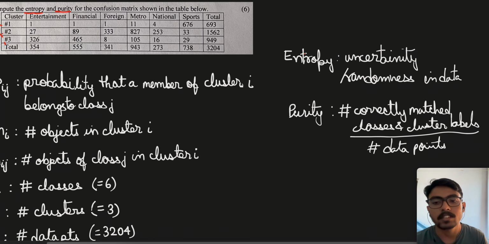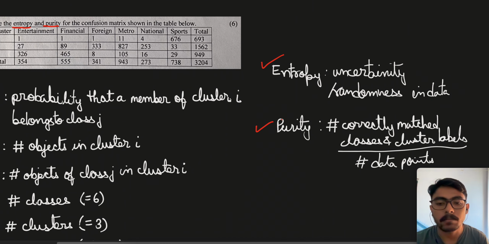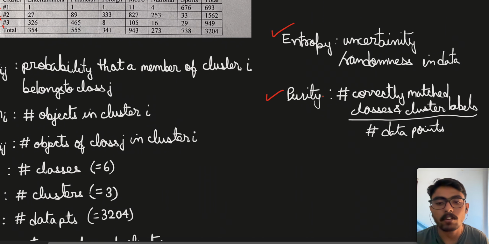Entropy is nothing but uncertainty or randomness in data, as you might have already guessed, and purity is a little bit mathematical. It is the number of correctly matched classes and cluster labels, that is, each class will be associated with a cluster label, divided by the number of data points.